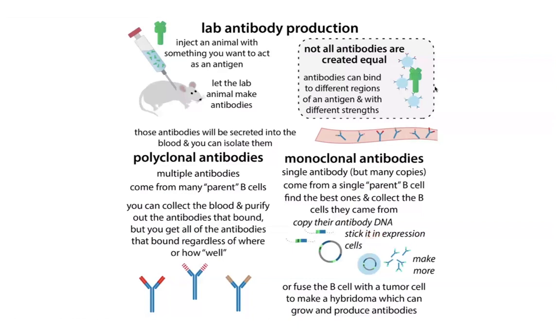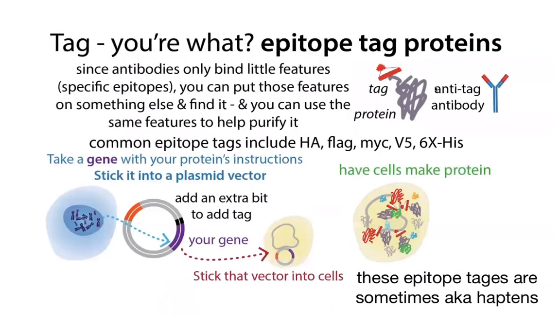And nowadays, there are even techniques that don't involve lab animals in the first place, to evolve antibodies in the lab directly through expression systems. So lots of different ways, and then we can take advantage of them.